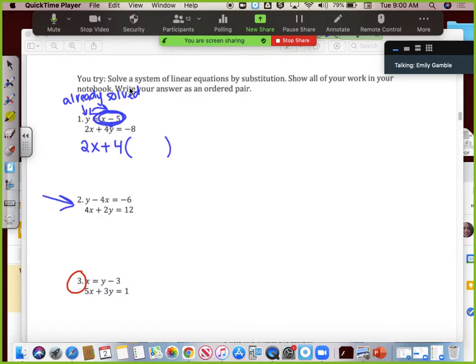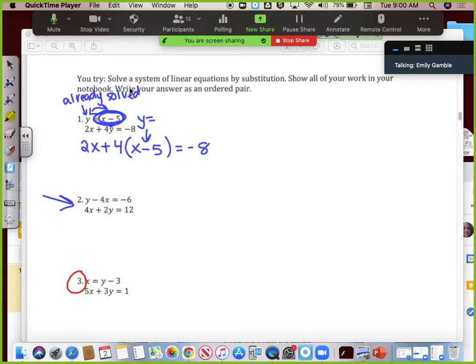Y is equal to x minus 5. This is called the substitution step because we're substituting what y is equal to in for that spot. Now we have an equation with one single type of variable. All of the variables are x's, so we can now solve this equation for x.